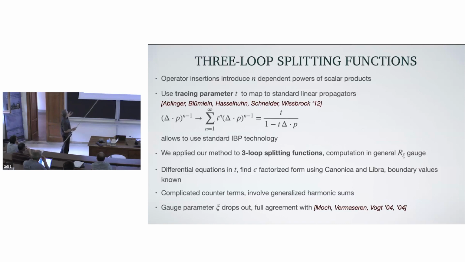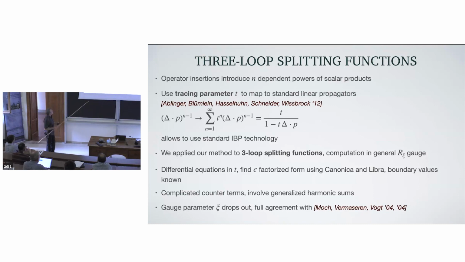Now, in order to go to all-n results, instead of writing down powers which depend on the symbol n, we introduce this tracing parameter t, which resums the contributions from arbitrary n. So instead of this, we write down this expression, and at the end of the calculation, we expand again in t and then extract the coefficient of interest to get a specific power of n.